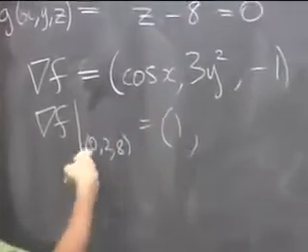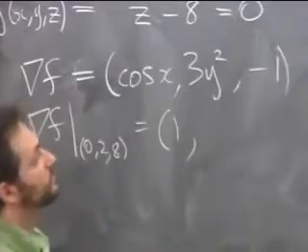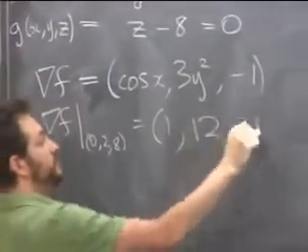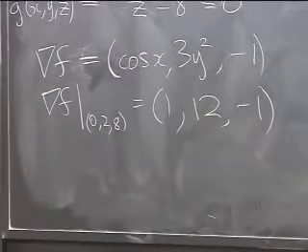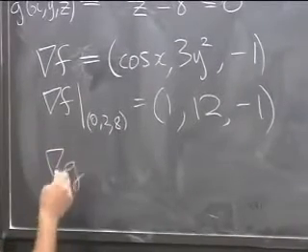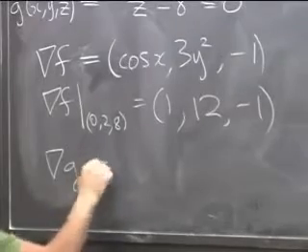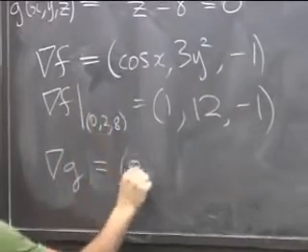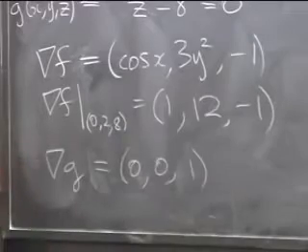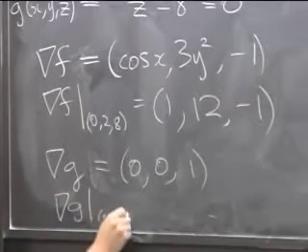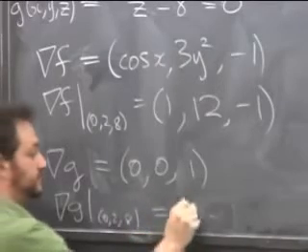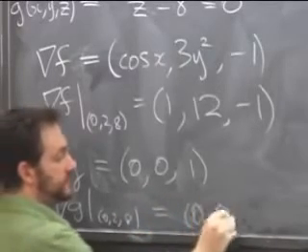So I get 1, 3 times y squared, 3 times 4 is 12, minus 1. The value of z actually didn't come into it. Similarly, the del of g is pretty simple. It's just 0, 0, 1. And so that's true, of course, also at 0, 2, 8. It's constant. Doesn't really matter at all.